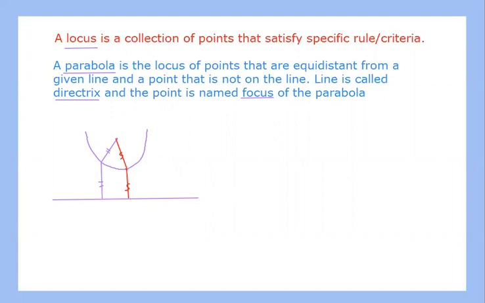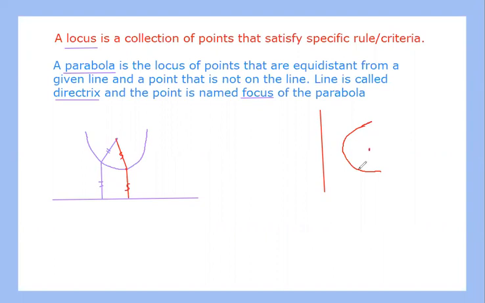Again, this doesn't have to be only this way. If you have a parabola, maybe like this, you could have a line, maybe something like this, and the point we call the focus will be somewhere inside of that curve.